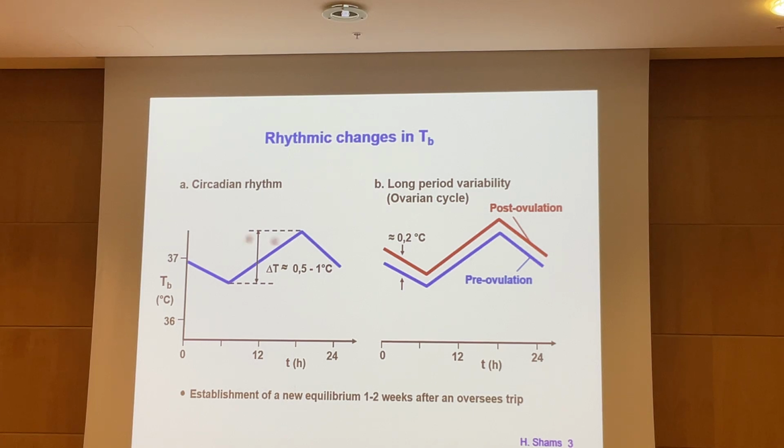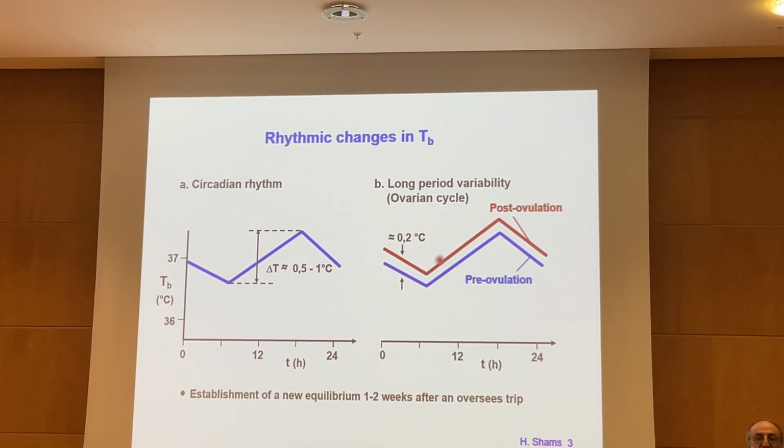And also there is a long period variability, and that is, you see here the body temperature, the red curve, post-ovulation, and the blue one, peri-ovulation. After ovulation, the body temperature jumps by 0.2 degree. And in the past, historically, people used this method to avoid pregnancy.